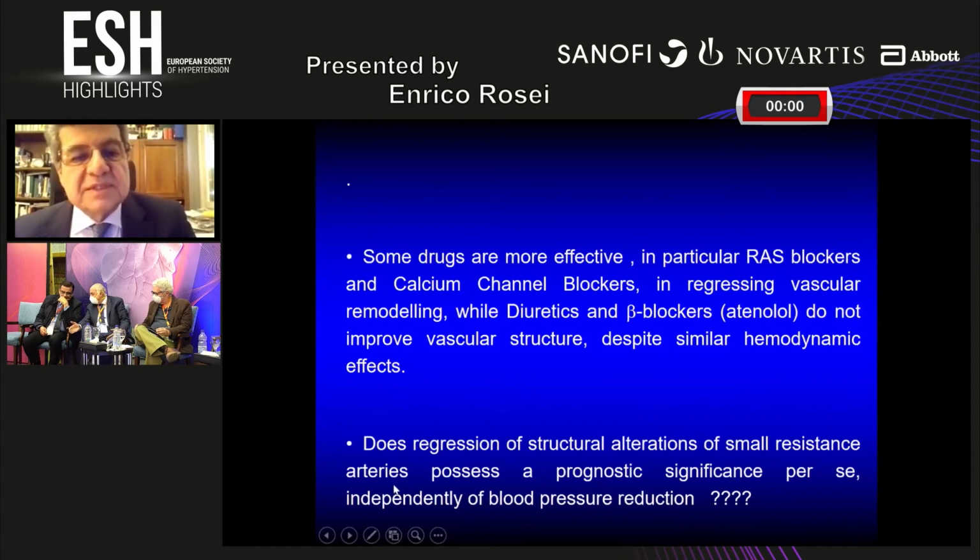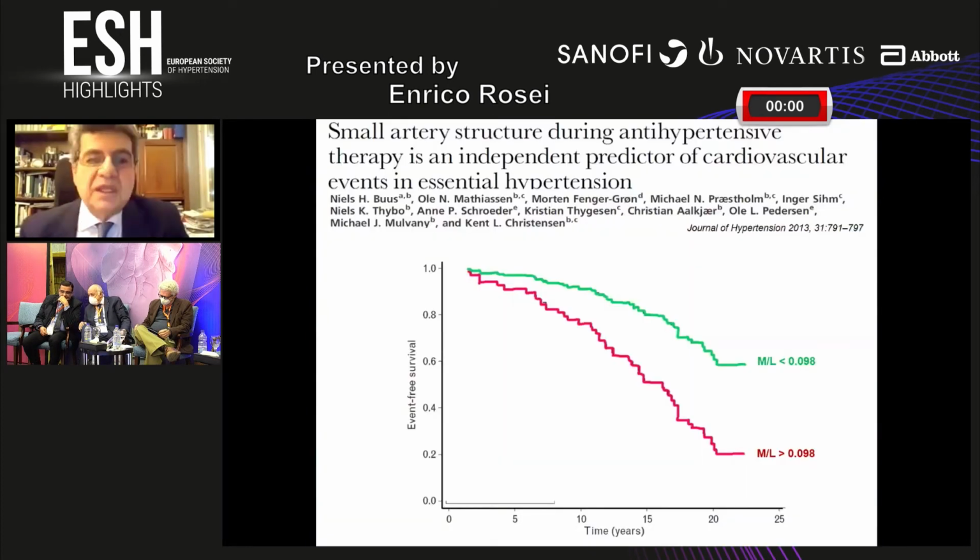Now the point is, does regression of structural alteration of small resistance arteries possess a prognostic significance per se, independently of blood pressure reduction? This seems to be the case, but we have only one study in more than 100 patients with a very long follow-up, on average 10 years, but someone even more.